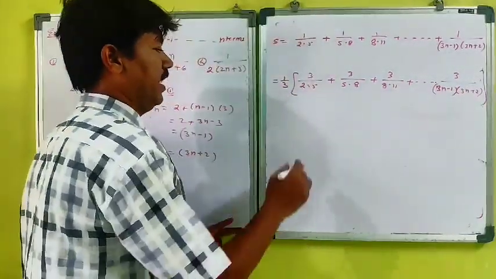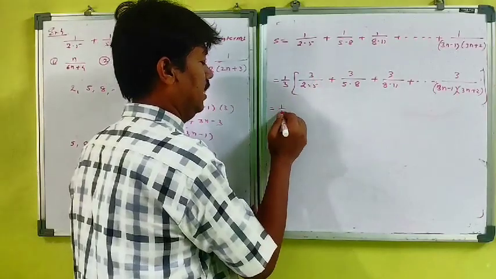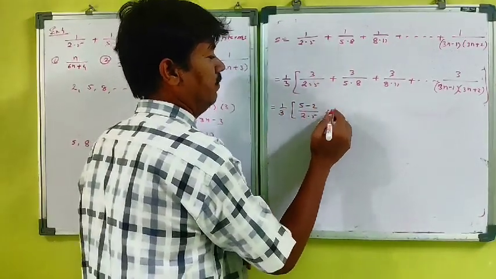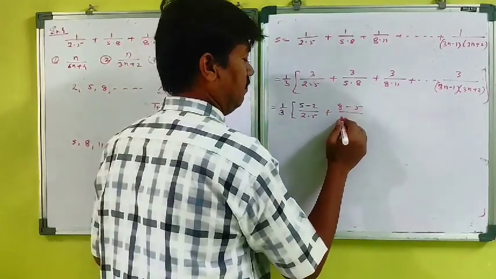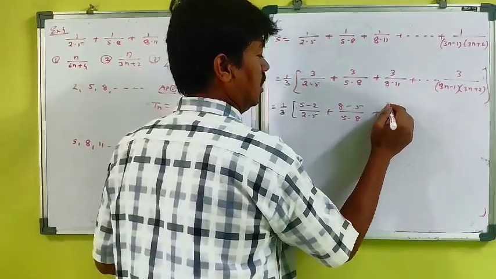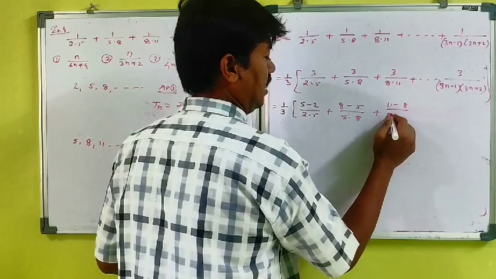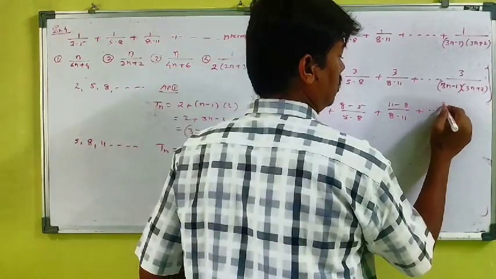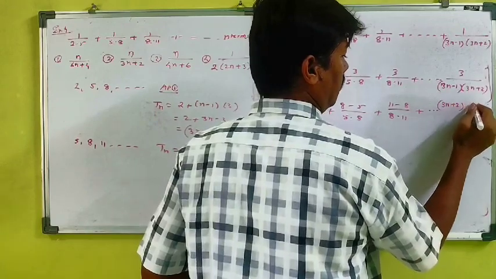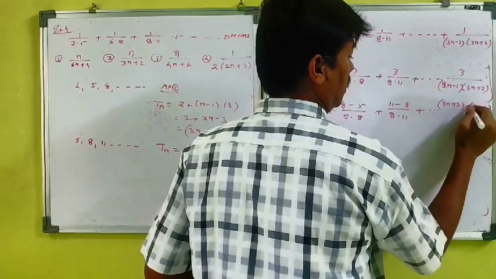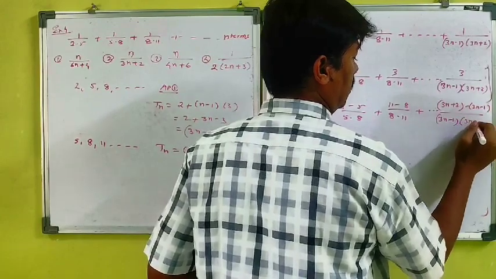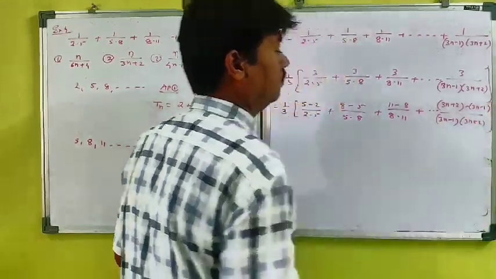And then this subtraction: 3 is nothing but 5 minus 2, 5 minus 2 over 2 into 5; 8 minus 5 over 5 into 8; 11 minus 8 over 8 into 11; like this. Up to (3n plus 2 minus (3n minus 1)) upon (3n minus 1)(3n plus 2).